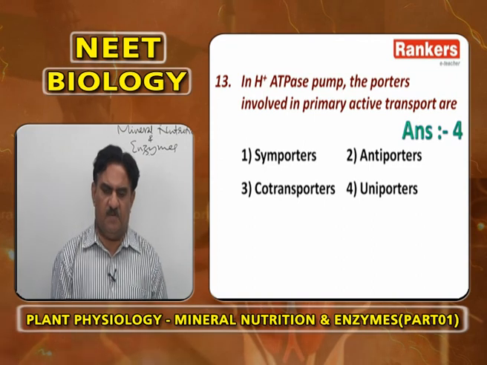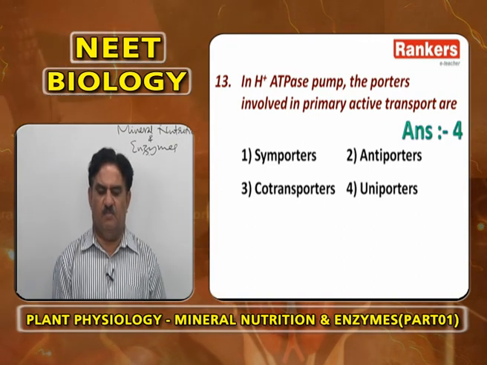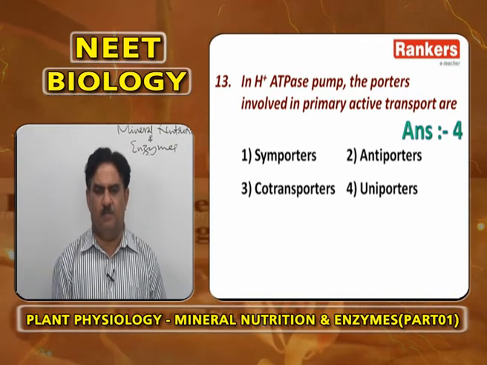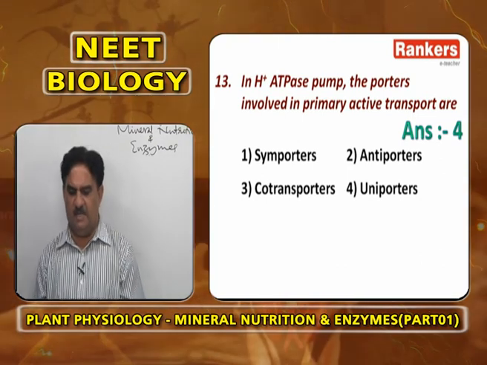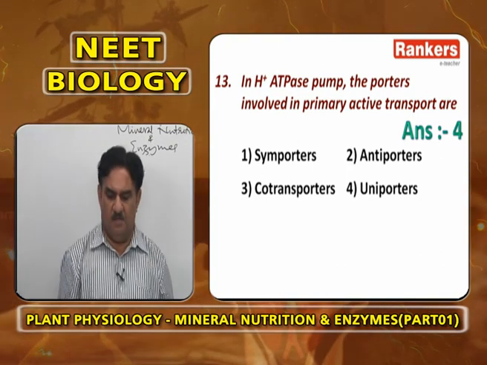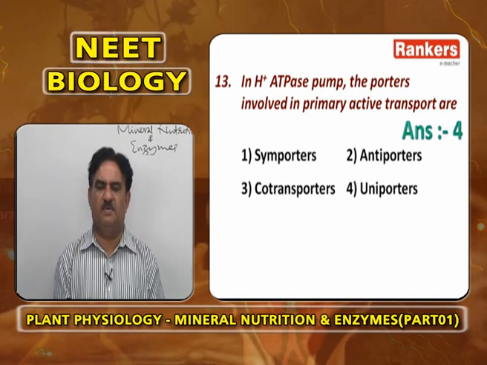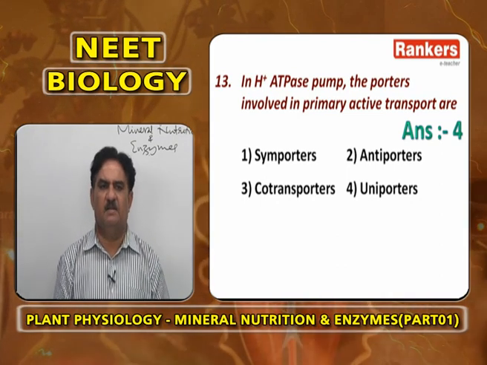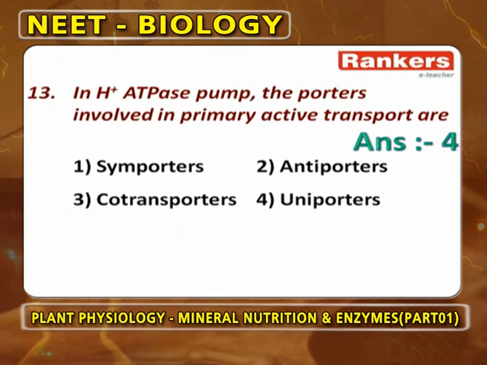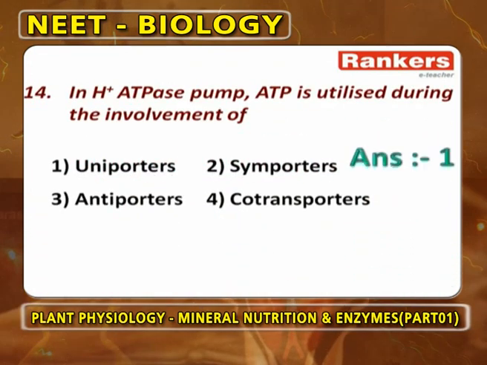This method is called primary active transport, and in H plus ATPase pump, the porters involved in primary active transport are not symporters, not antiporters, not co-transporters, but uniporters. So answer is 4. Next.